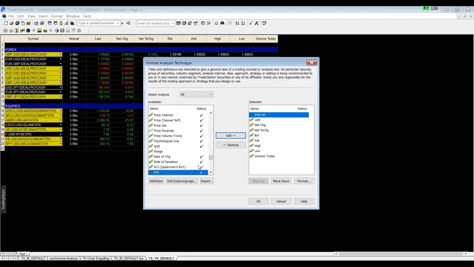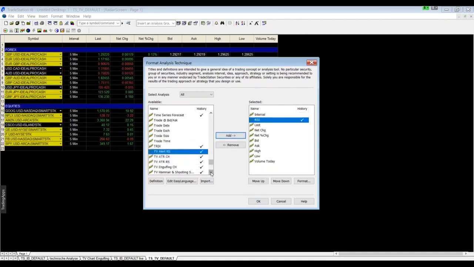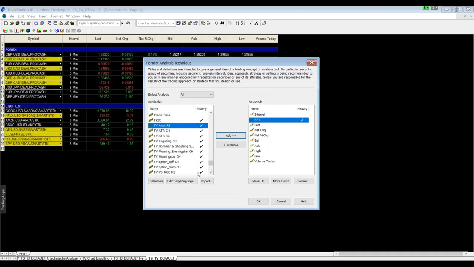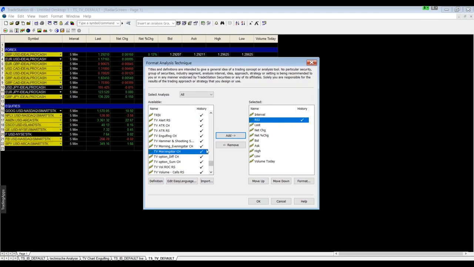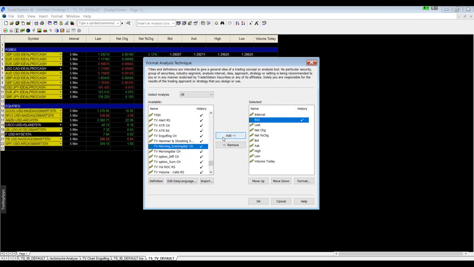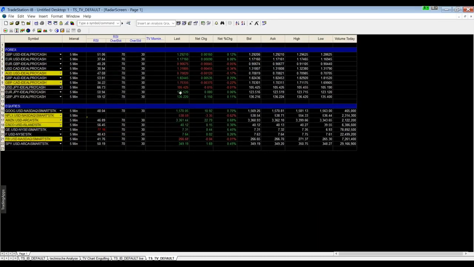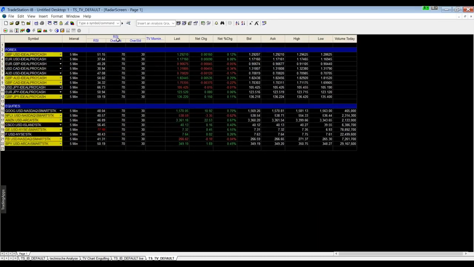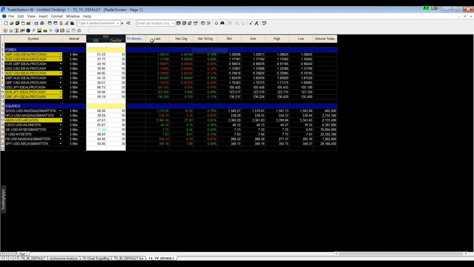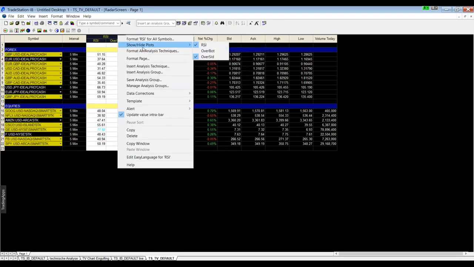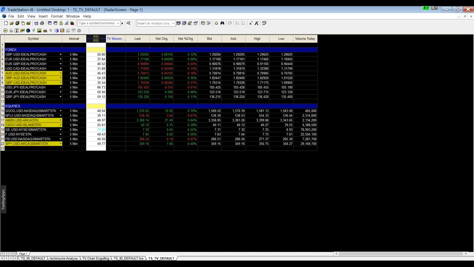I can include RSI. I can include everything we had for resistance lines, or even evening or morning stars, all the candlestick patterns you would like to see. We can add this here, and then the radar screen will give you a signal or an alert if there is any of these candlestick combinations that you normally need to check with your own eyes manually in the chart.